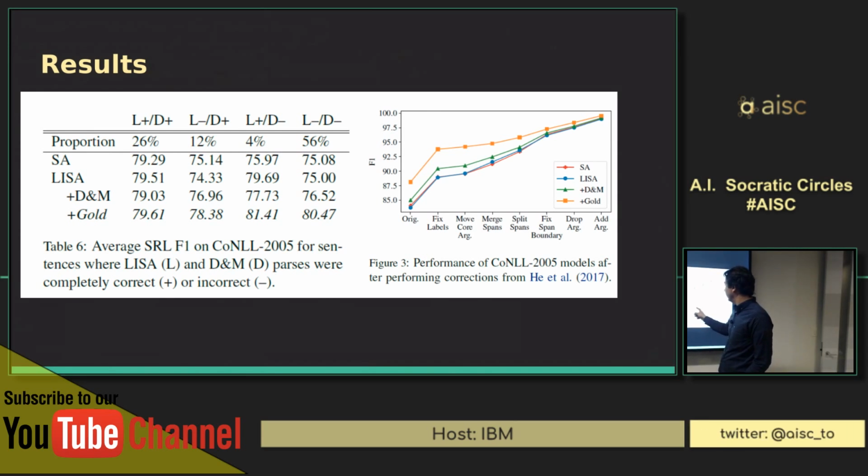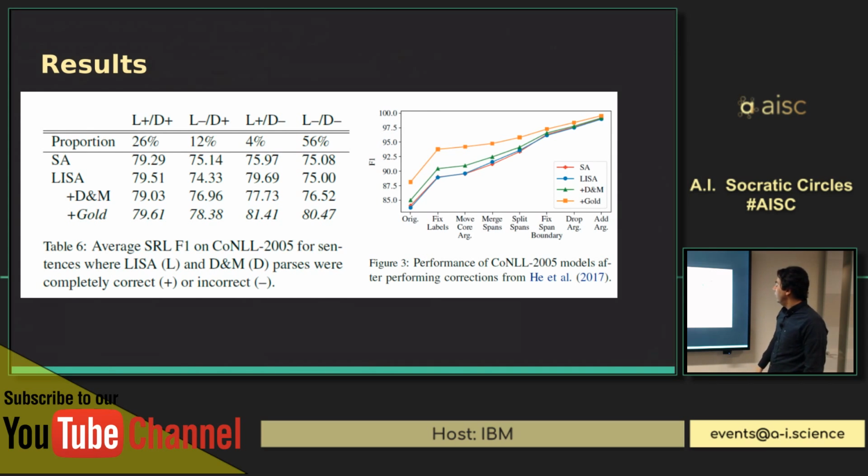Span boundary. Yeah, those ones are parses. Okay, I see. So if you only correct the labels where the labels are incorrect, you can see this much improvement, more than 2.5, actually 3 or 4 F score. If you move the core argument, so is that where the core argument is misplaced? Yeah. Okay. You correct that, you see a bit of improvement.